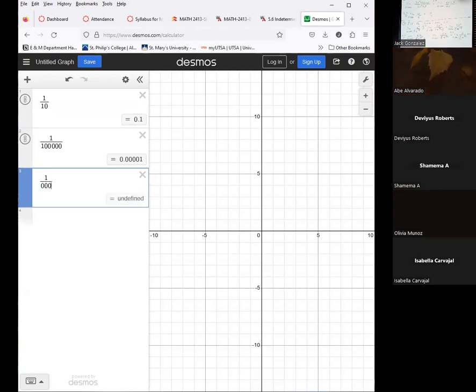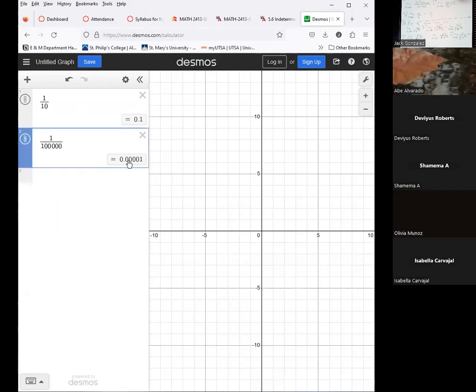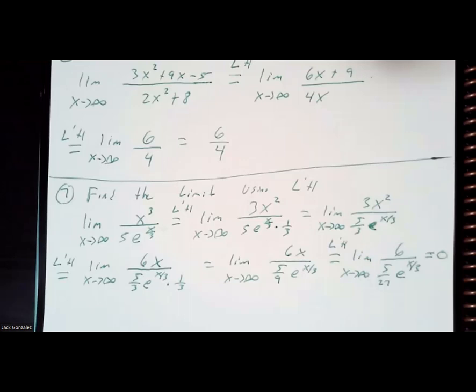So if I make it go to infinity, then it's ridiculously small that eventually it goes to 0. So if the denominator is growing without bound, this is going to 0 here. Yes, I got it. Now I got it.